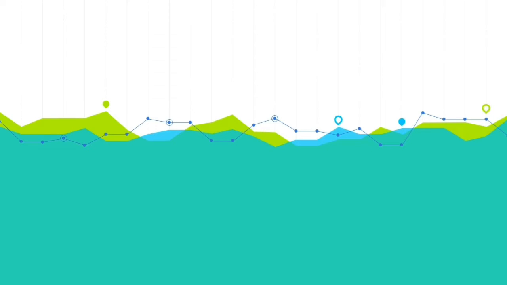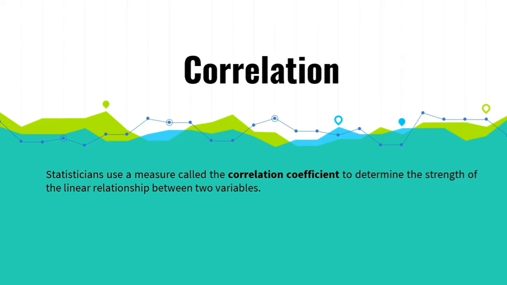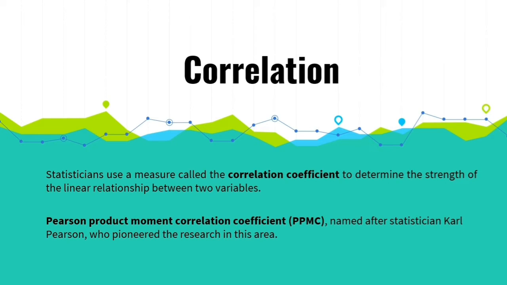So now, let's discuss correlation. As stated in the introduction, statisticians use a measure called the correlation coefficient to determine the strength of the linear relationship between two variables. There are several types of correlation coefficients, and the one explained in this section is the Pearson product moment correlation coefficient, or also the PPMC, named after statistician Carl Pearson, who pioneered the research in this area.